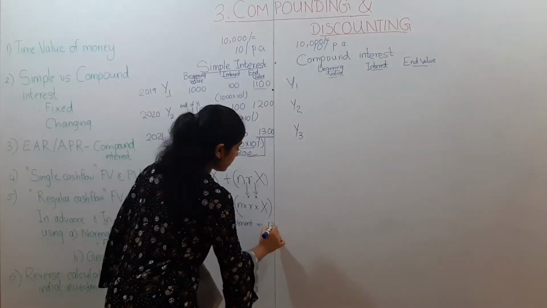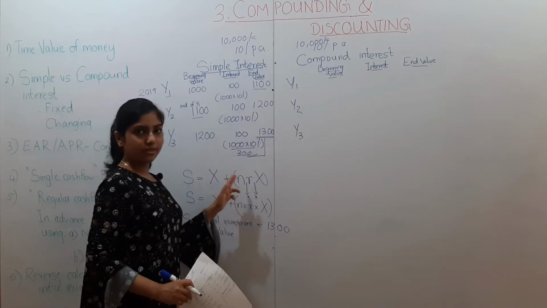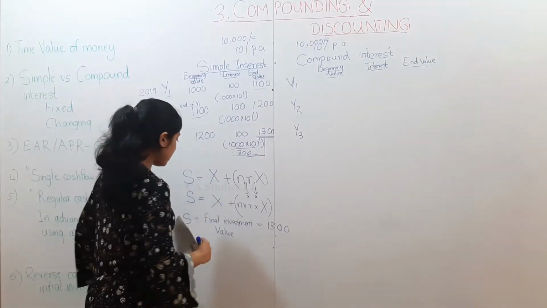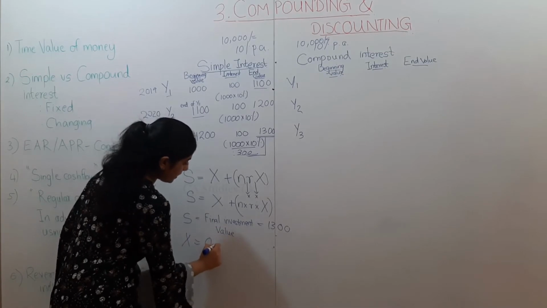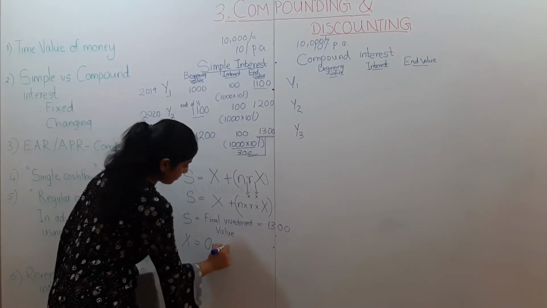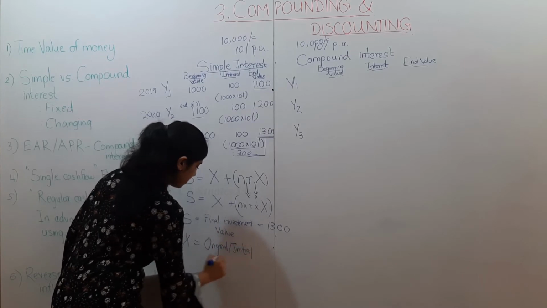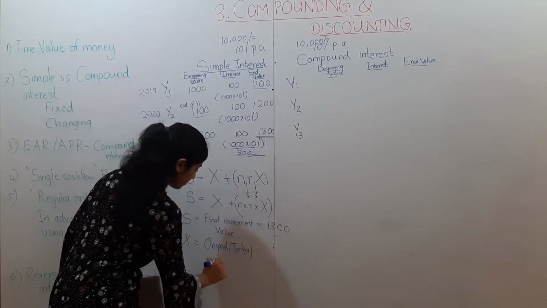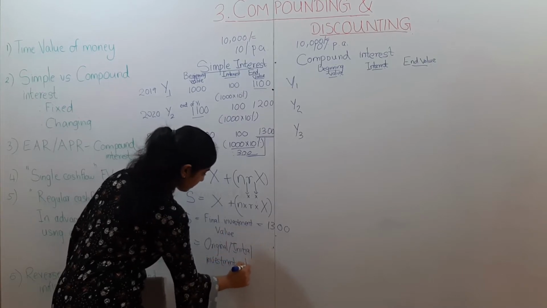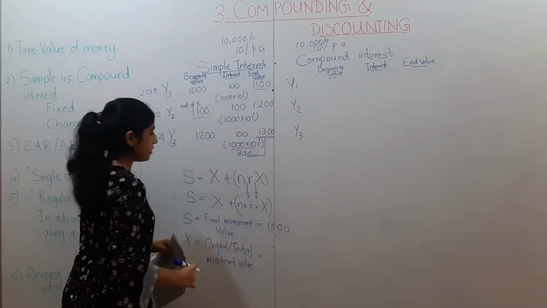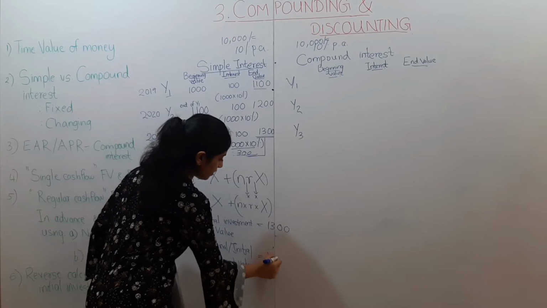I am just trying to tell you the meaning of each of these components. X equals original or initial investment value. How much was it? It was 1000 rupees. So it is 1000.